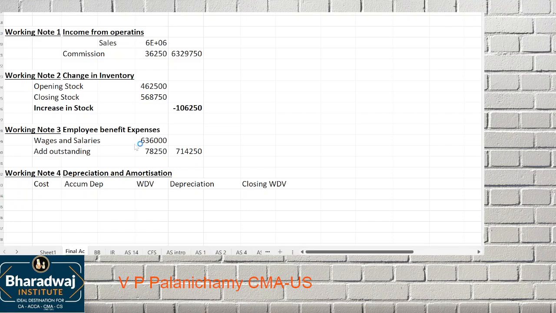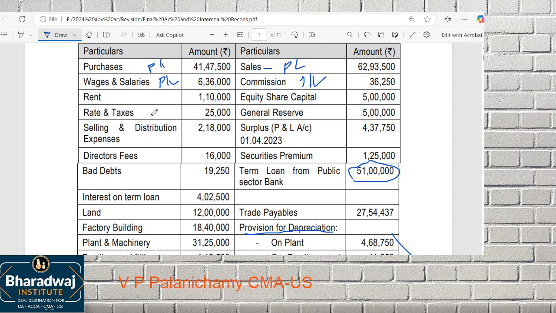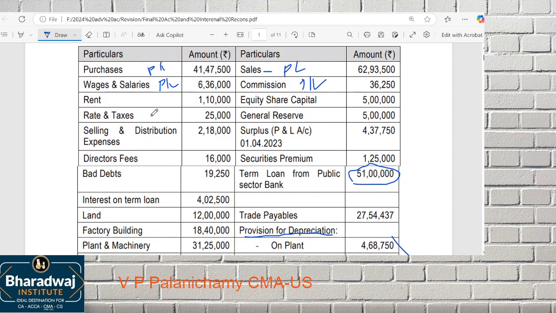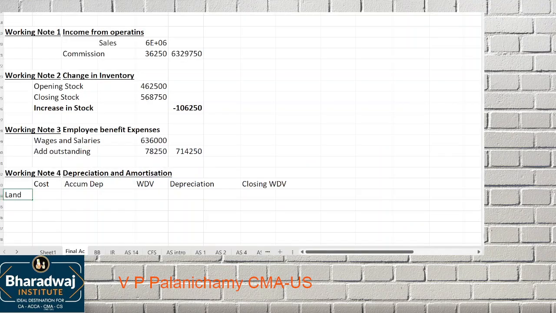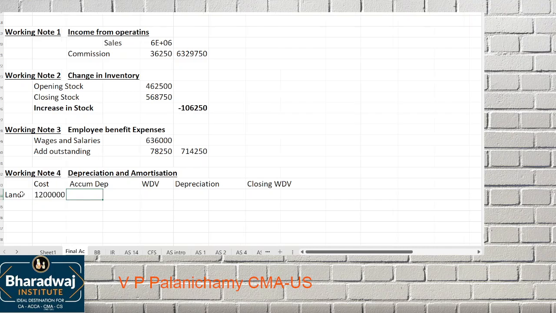What are the assets for which we have to provide? Land, what is the cost? 12 lakhs. No depreciation for land. Next one, building.